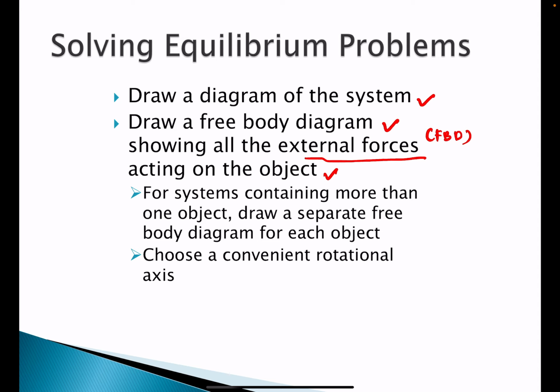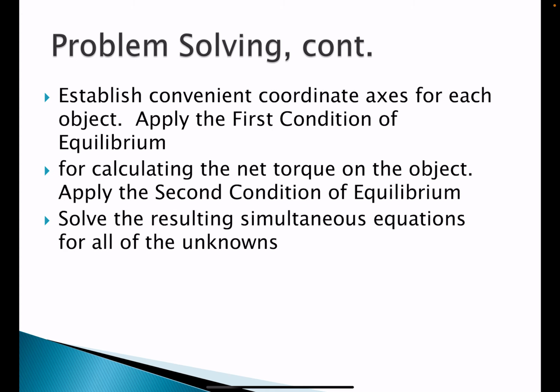And then for systems containing more than one object, you draw a separate free body diagram for each object. And then you choose a convenient rotational axis. Establish a convenient coordinate axis for each object. You need to apply the first condition of equilibrium.